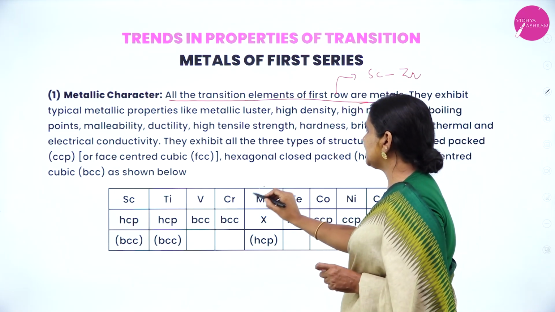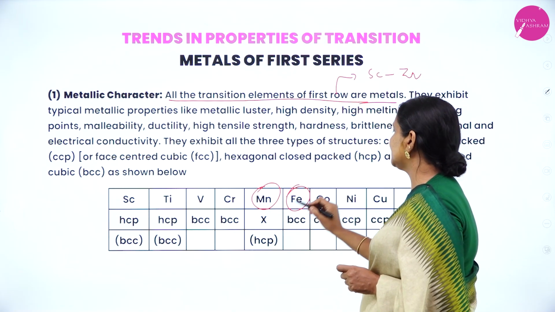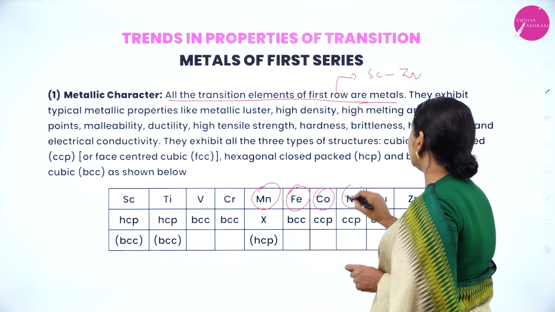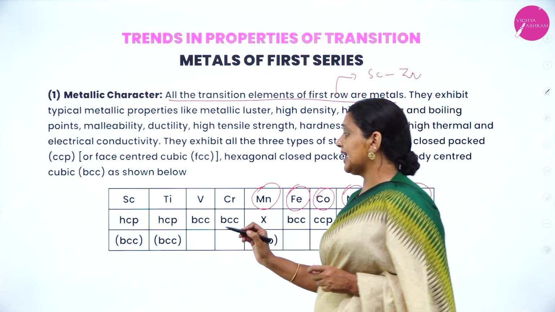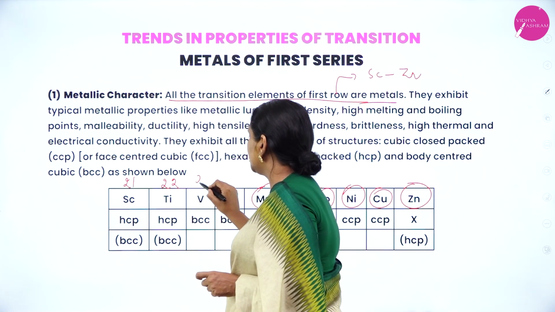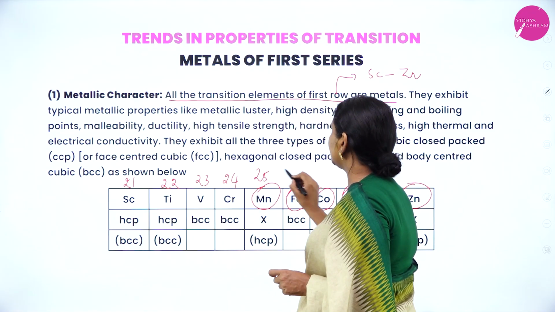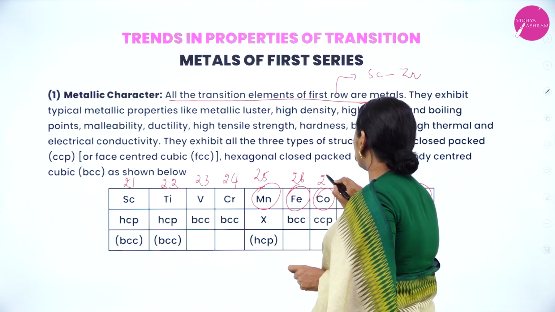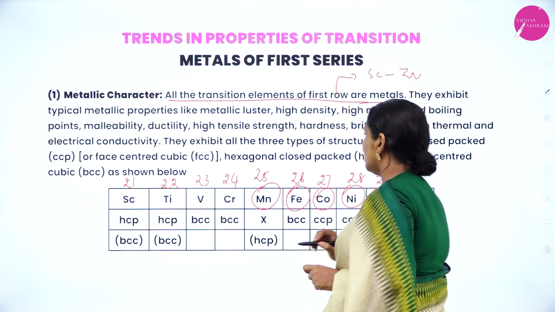Many well-known metals are present in the 3d series: manganese, iron, cobalt, nickel, copper, zinc. The atomic numbers are scandium 21, titanium 22, vanadium 23, chromium 24, manganese 25, iron 26, cobalt 27, nickel 28, copper 29, zinc 30.